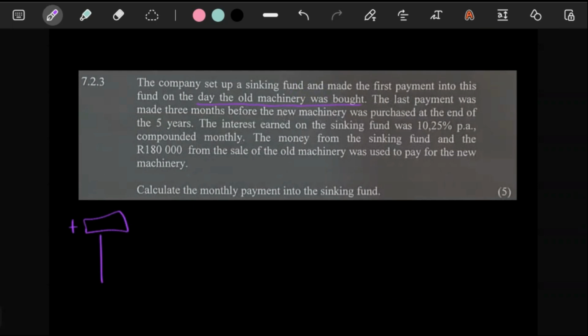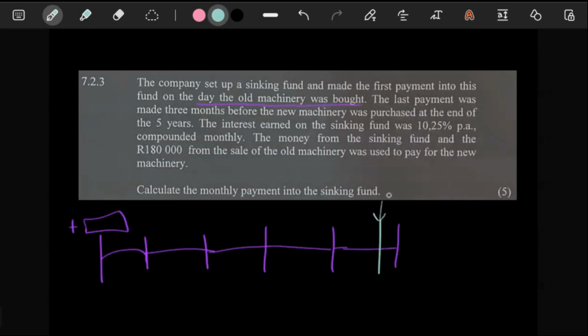Wait, the last payment was made 3 months before the new. Okay, so we know that 5 years later, 1, 2, 3, 4, 5, is when they want to replace their machines. But instead of making the last payment after 5 years, they made the last payment 3 months before the full 5 years had passed.